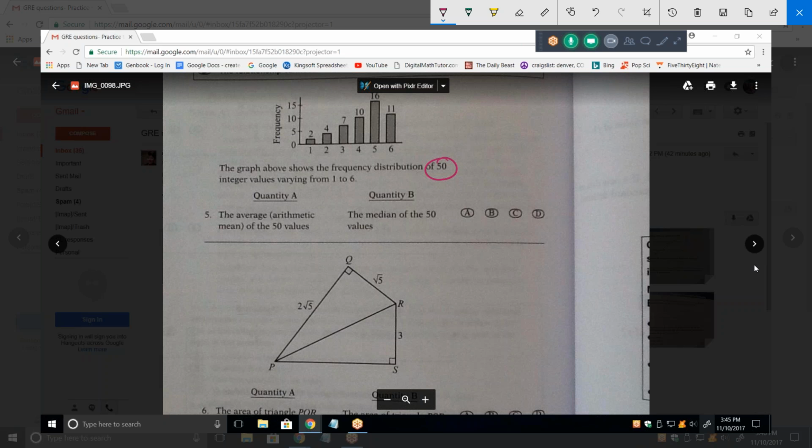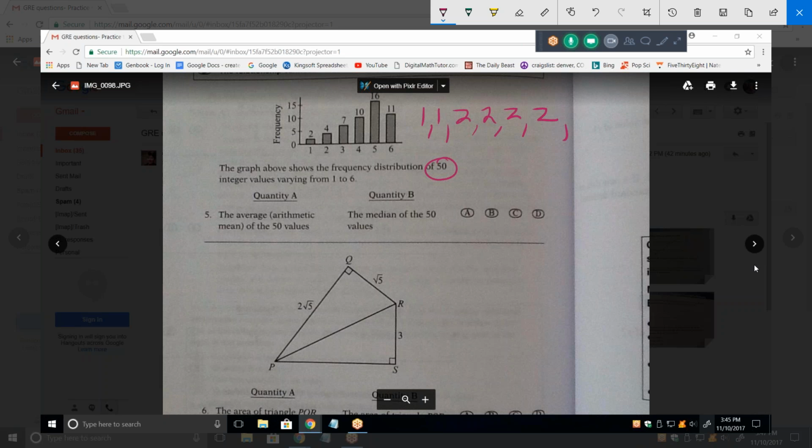In other words, what does this mean? This means the frequency is we had 2 1s, and we had 4 2s. The only problem with this technique is I can't draw out all 50 of them. It takes too long.